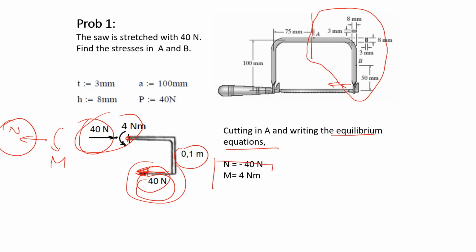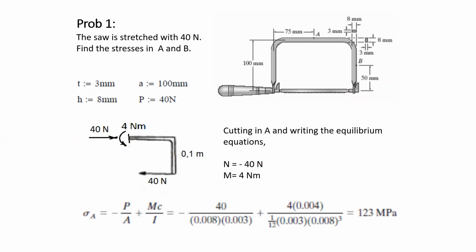The loadings in the section where point A is present are a normal force and a bending moment. We know these both create normal stresses. Due to the normal force, we have force divided by the area. So minus 40 divided by the area.